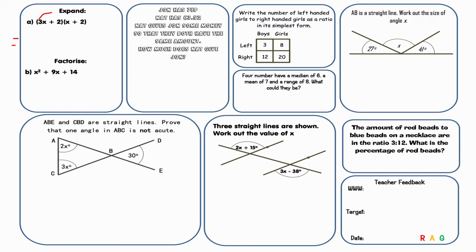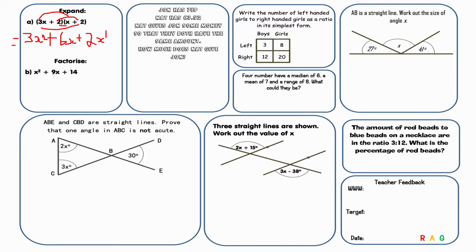So we do 3x times x, which is 3x squared. We then do 3x times 2, which is going to be 6x, so 3x squared plus 6x. Then we do 2 times x, which is just positive 2x, and then 2 times 2, which is positive 4.